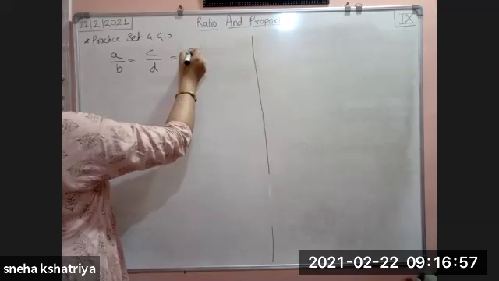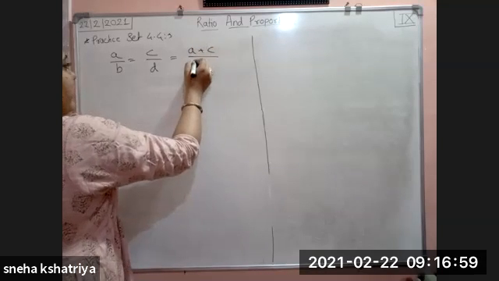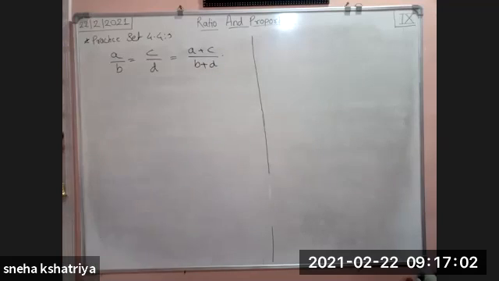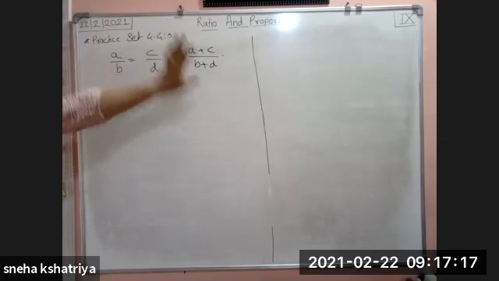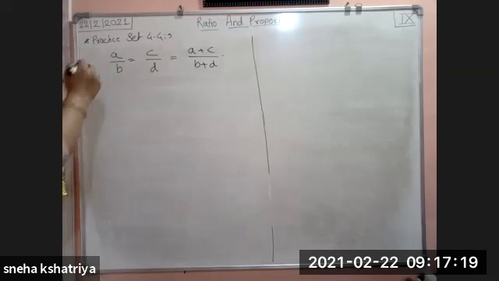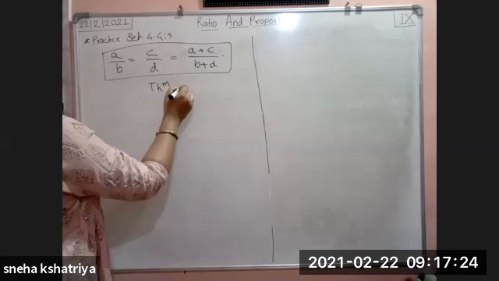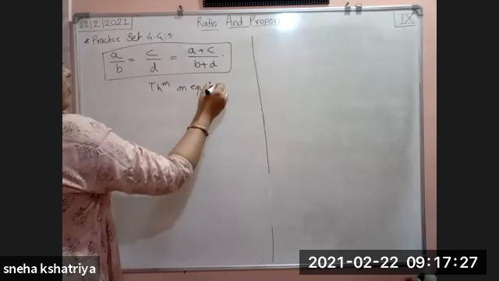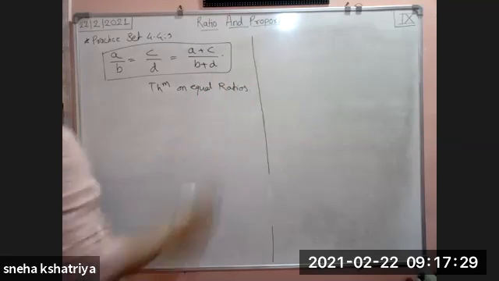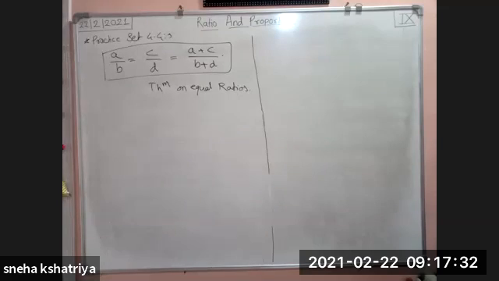What does the property say? That (a + c)/(b + d) is equal as well. And if any number is multiplied to a, b and c, d, then those numbers will come accordingly. This is a very simple and basic property. This is called the theorem on equal ratios.